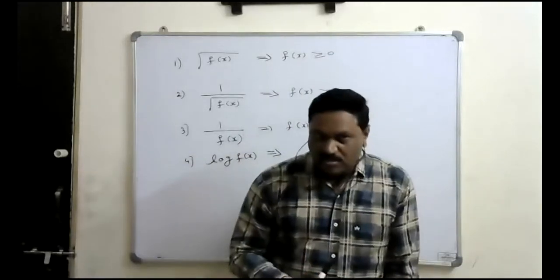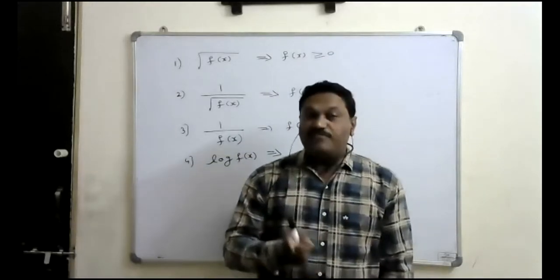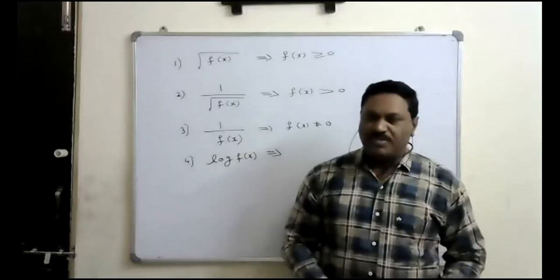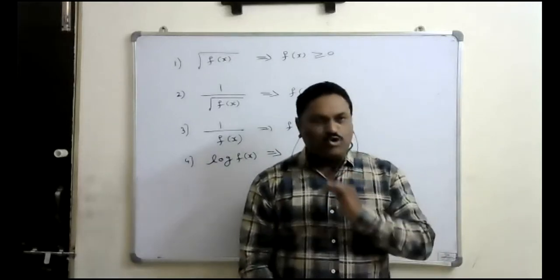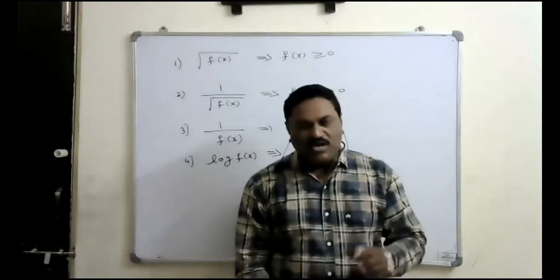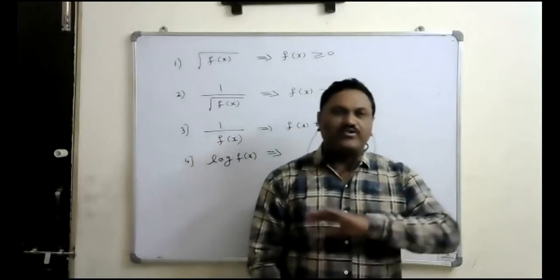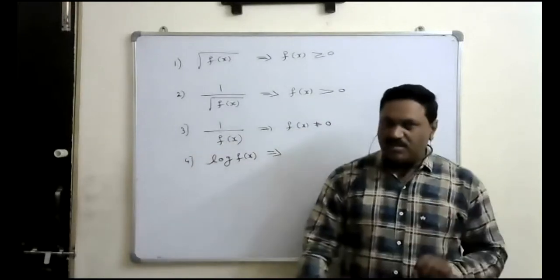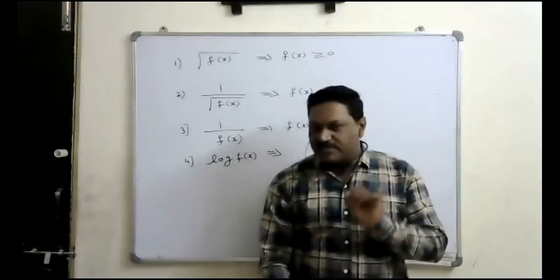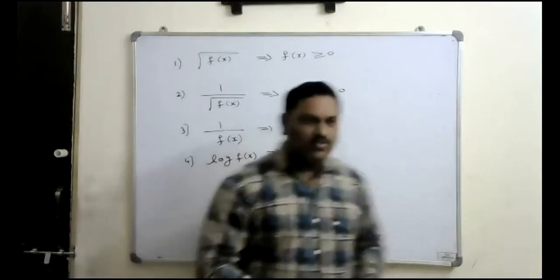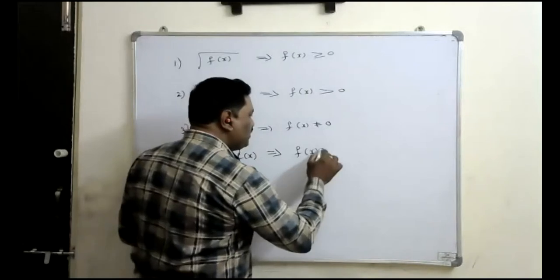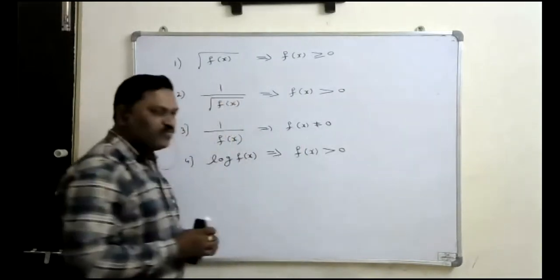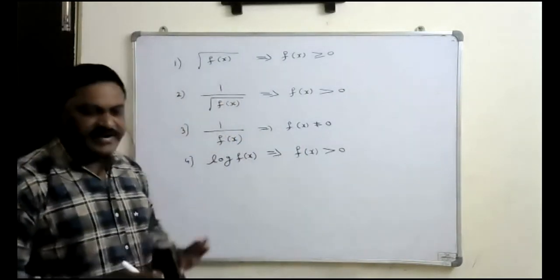We know that log is defined only for positive values. Inside the log we can never take a negative value, and we cannot take zero either. For zero and negative values, log is not defined. That's why inside the logarithm you always have to take a positive value. So f of x greater than 0 is the condition.